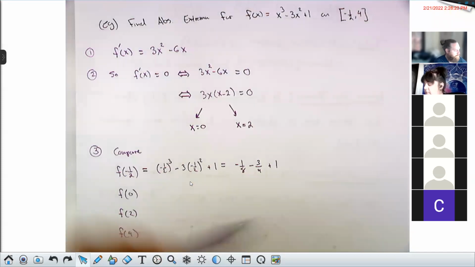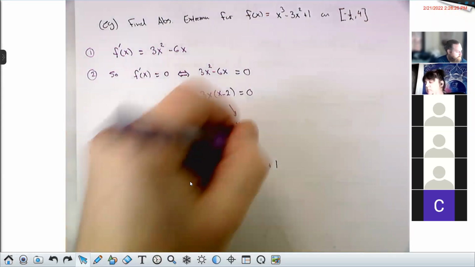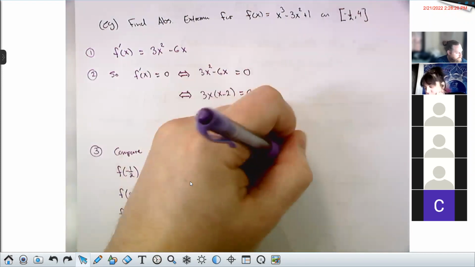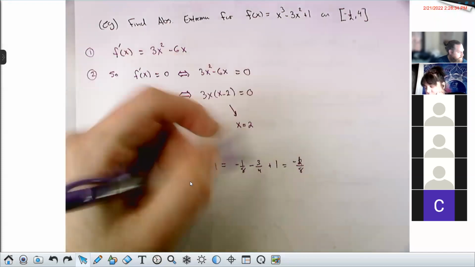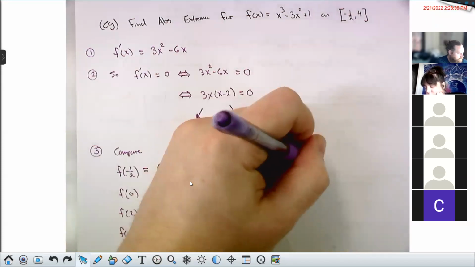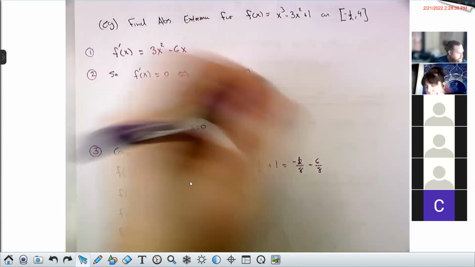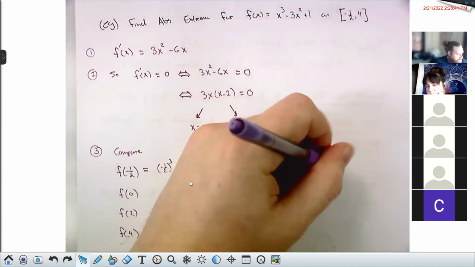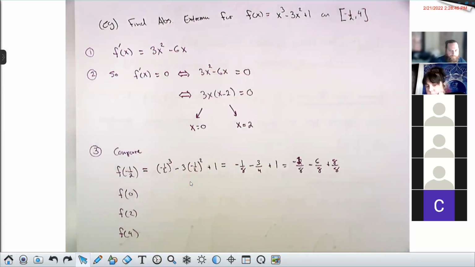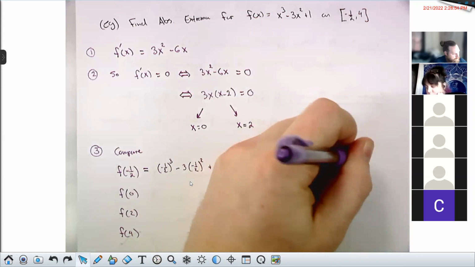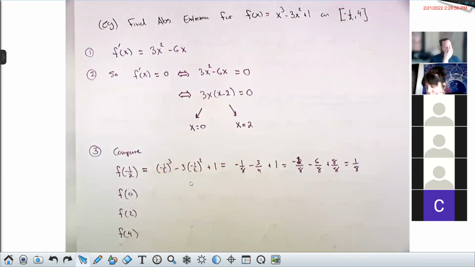If we have a common denominator here of 8, then this is -1/8, and then -6/8 plus 8/8. So that's -7/8 plus 8/8 is +1/8, or 0.125.